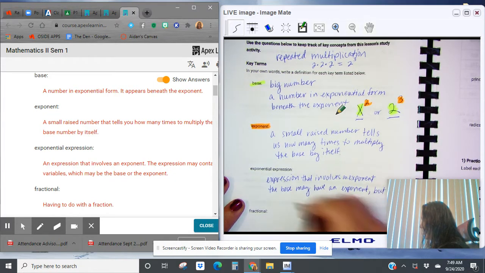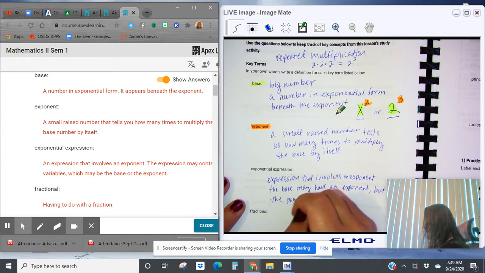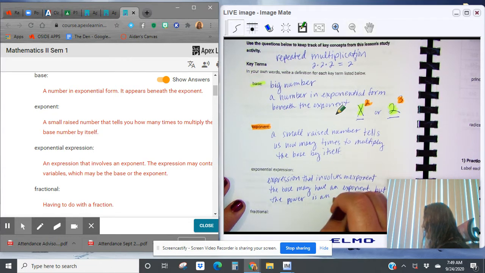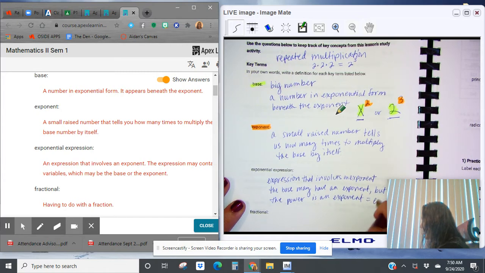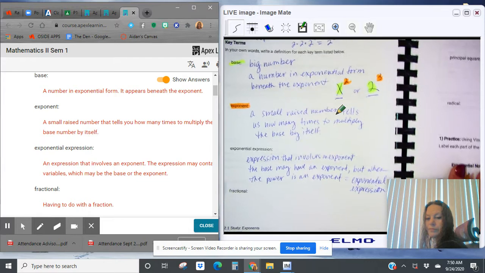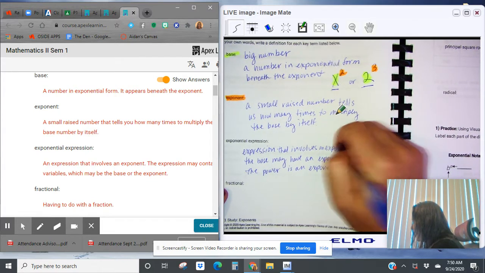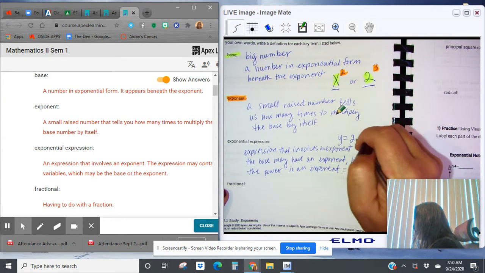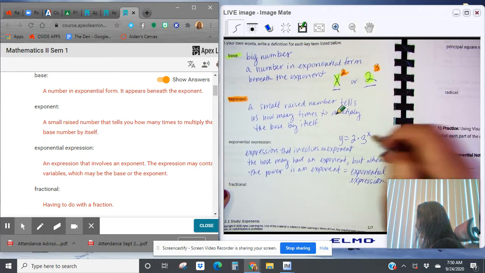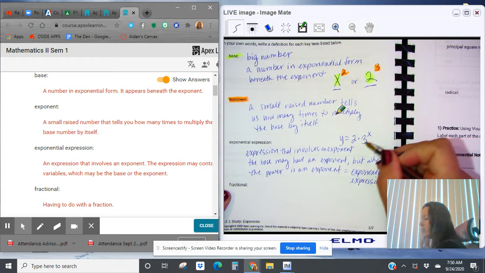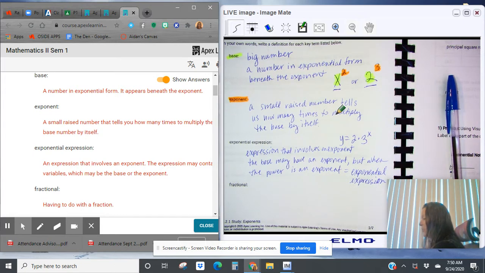But when the power is an exponent, it equals an exponential expression. And so what would that look like? That would be like y equals 2 times 3 to the power of x. So this is our exponential expression.